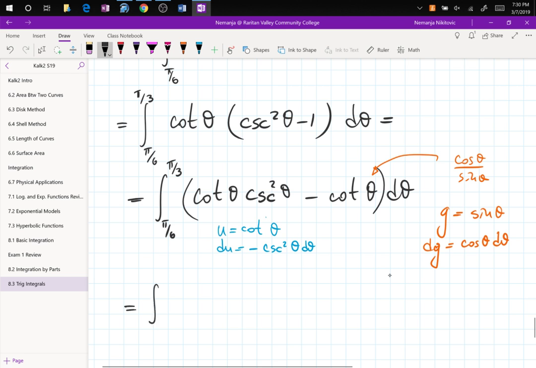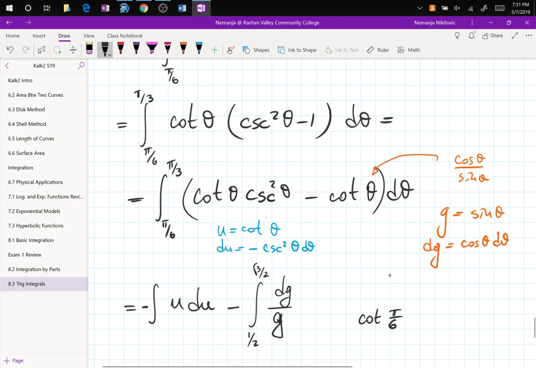Integral of u du, and there is a negative that we have to worry about, and then the minus. On the other side I have the integral of dg over g, and we have to figure out limits. The second one is easy because sine of pi over 6 is 1/2, and the sine of pi over 3 is root 3 over 2. Now, what is the cotangent of pi over 6?